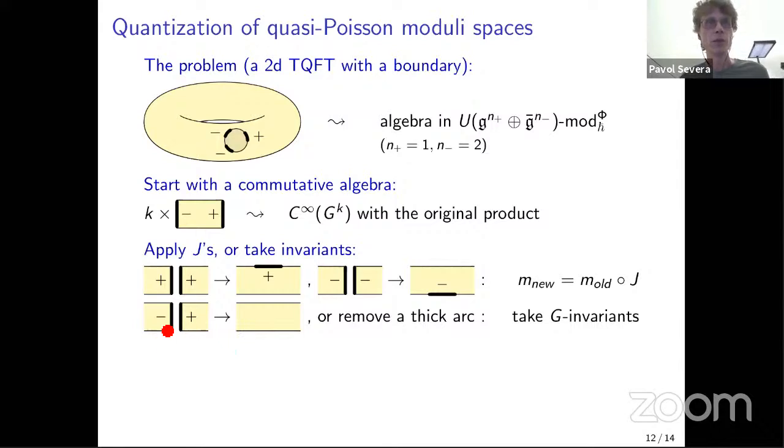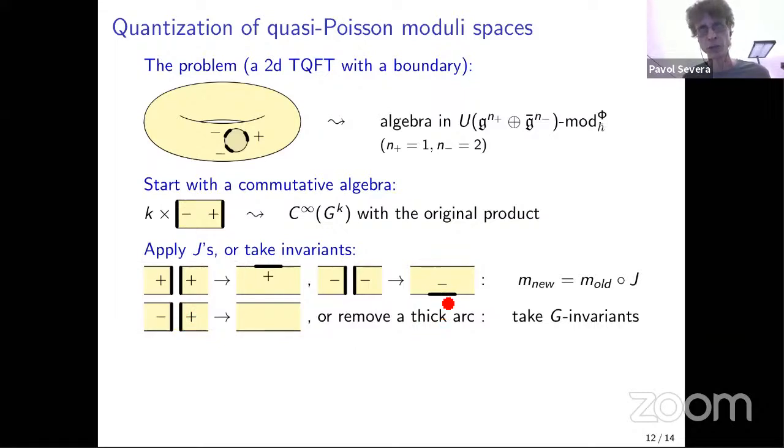Then there are some destructive operations, where you can join a plus with a minus, or another operation where you simply remove a thick arc. We would simply take this thing and draw the same thing, but without the thick arc. In that case, we simply take invariance. Here we would take invariance with respect to the diagonal action.